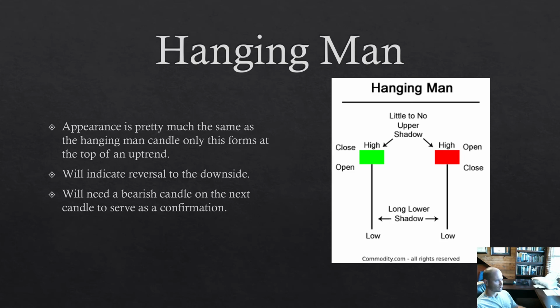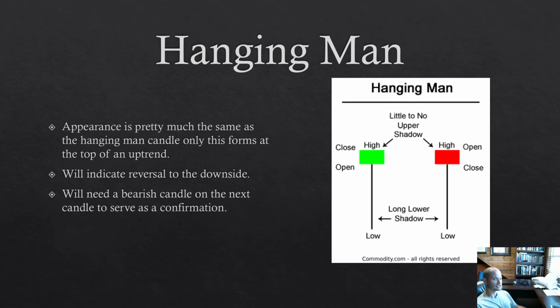Another good reversal candle is called the hanging man. As you can see, it is the exact same formation as the hammer. The only thing that's really different is that the hanging man will show up at the top of an uptrend.